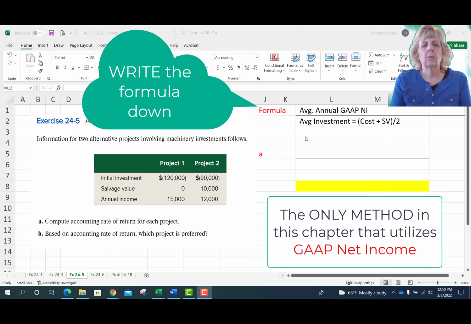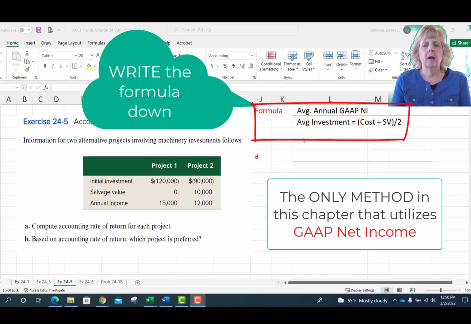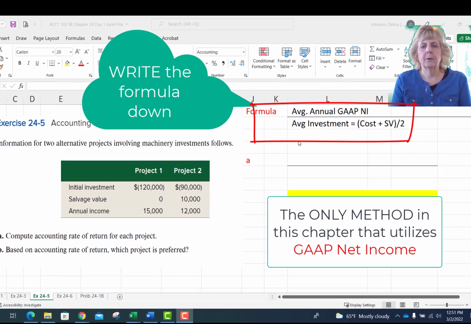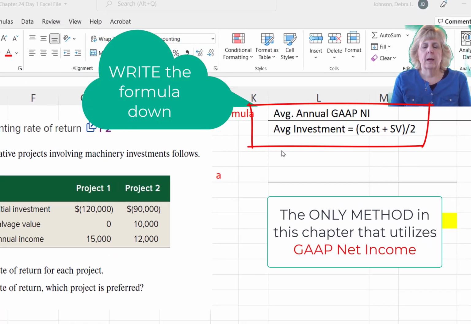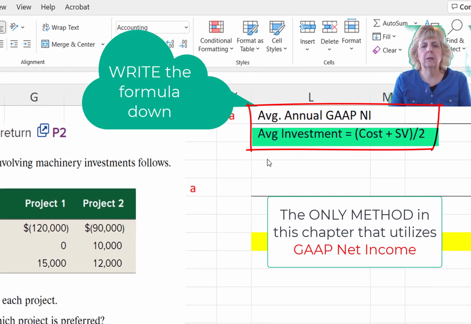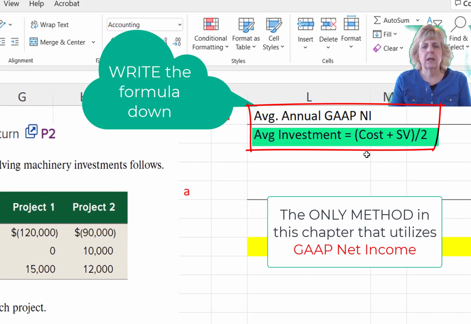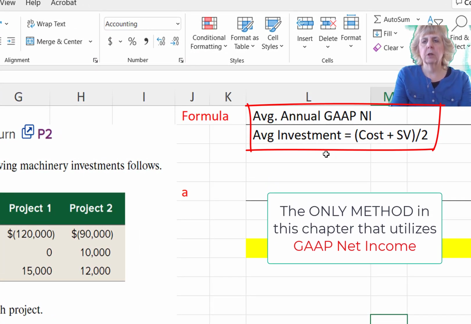So on the accounting rate of return, we have average annual GAAP net income on the top and the average investment on the bottom. The denominator is calculated as cost plus salvage value, that whole sum divided by 2. In this case, we have project number 1 and project number 2.